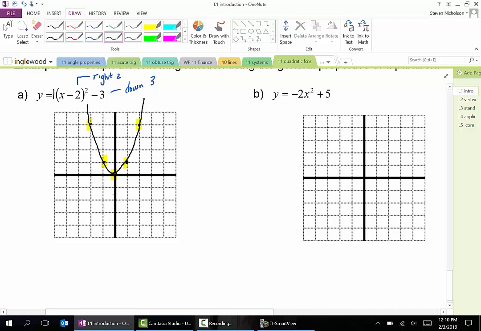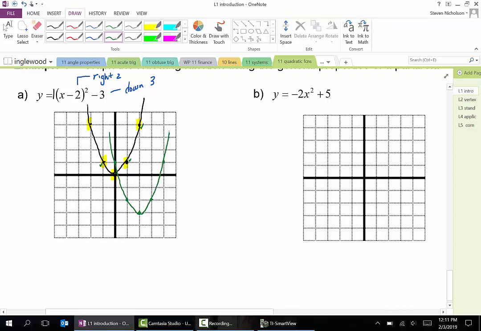I'm going to start here, go down 3, and go right 2, and that's going to be the vertex of my parabola. For this coordinate, I'm going to go down 3, right 1. For this coordinate down here, down 3, right 1. For this coordinate, down 3, right 2, and down 3, right 2. And then I'm simply going to connect those dots.